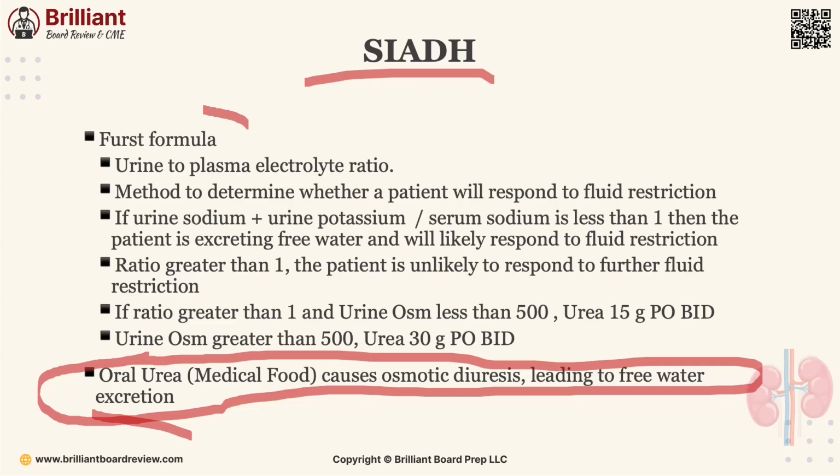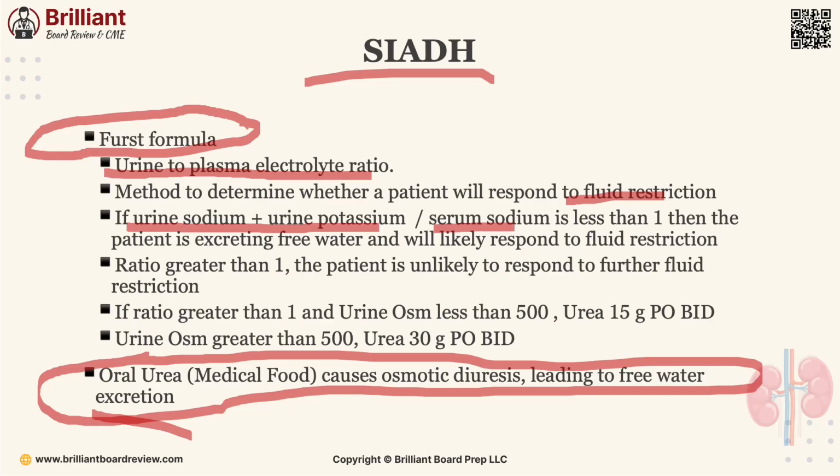Okay, there's a formula, and this can help us determine if fluid restriction is going to work. It's a urine to plasma electrolyte ratio, a method to determine whether a patient will respond to fluid restriction. If urine sodium plus urine potassium divided by serum sodium is less than 1, then the patient is excreting free water and will likely respond to fluid restriction.